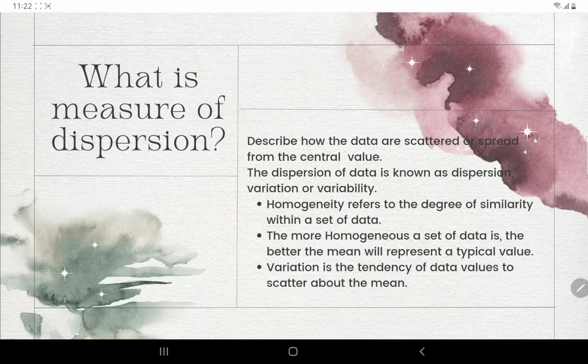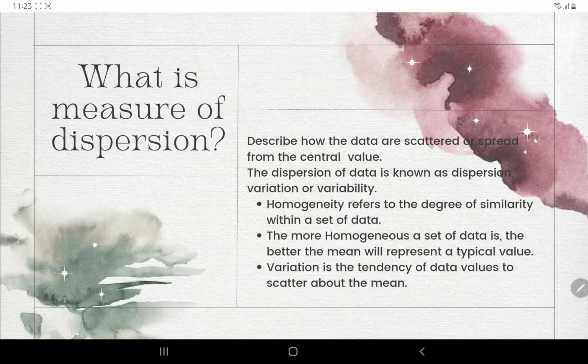Any distribution can be effectively described by measures of central tendency, using mean, median or mode, and dispersion. So this time we are going to learn about the dispersion. The dispersion of a distribution provides us with additional information on the reliability of the measures of central tendency.